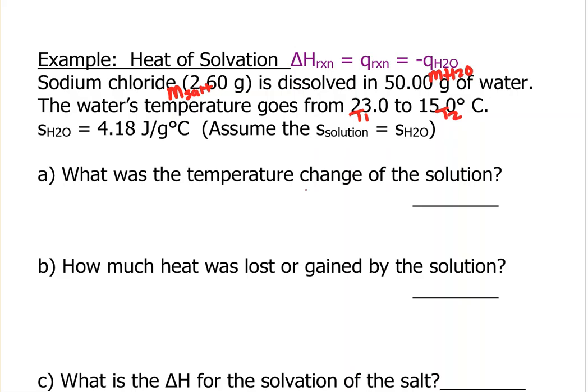Okay, and then it asked for the temperature change for the solution. So this is one thing we're going to do. The solution is going to be the water plus the salt. We're going to assume that the salt starts at the same temperature, like a room temperature, that the water does, and that they're all mixed together, so they're going to end up at the same temperature.